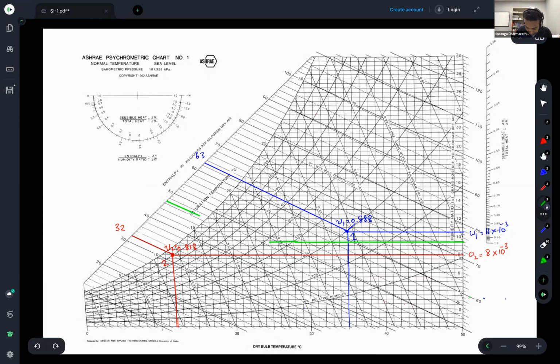47, I draw 47, a parallel line. And 196 right here. So that's our number 3.